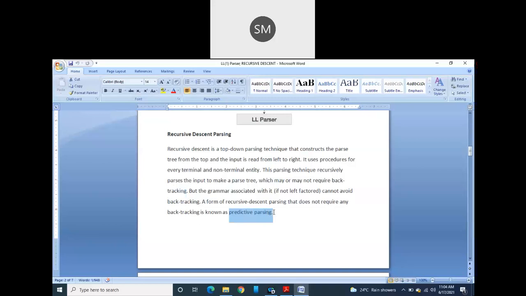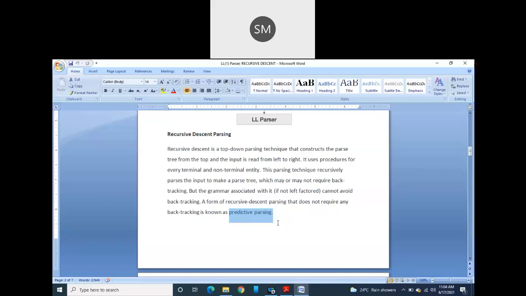This is very important. If any recursive descent parsing doesn't want any backtracking, then that recursive descent parsing is called predictive parsing. Very, very important term, guys. Remember all these technical words. Predictive parsing is also recursive descent parsing only, but without backtracking.